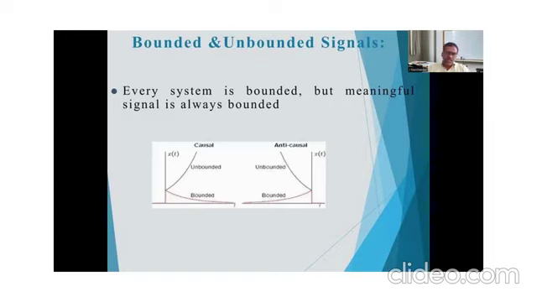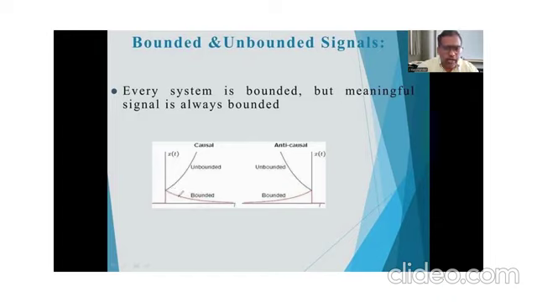If the signal is bounded, that means if I increase the time, the signal value reaches some finite value. Let us check here what a bounded signal is. We have to remember that bounded means finite, and unbounded means infinite. Let us take this signal.